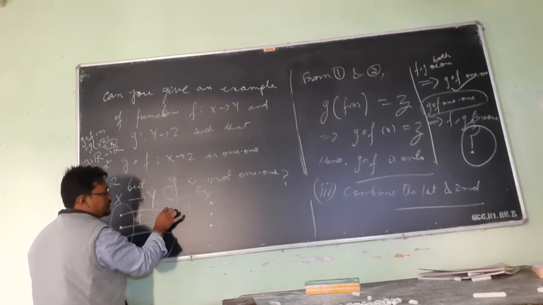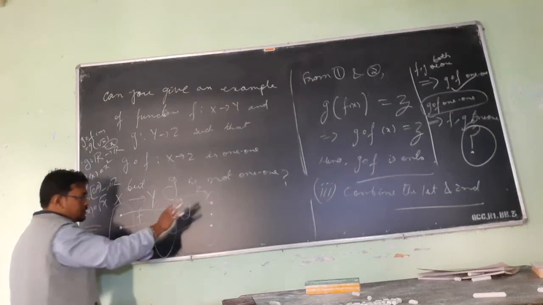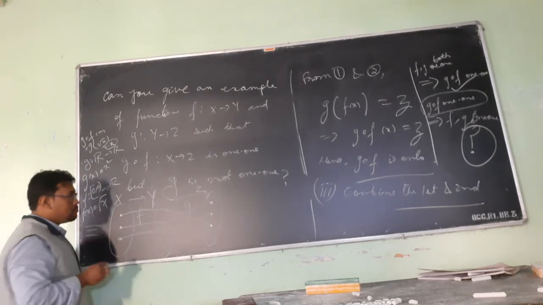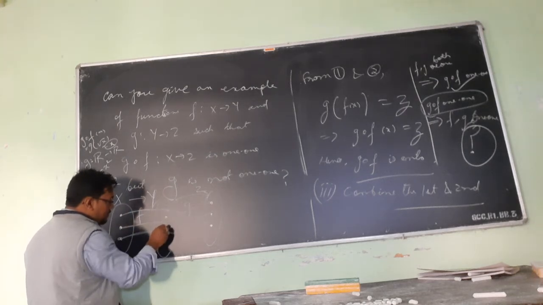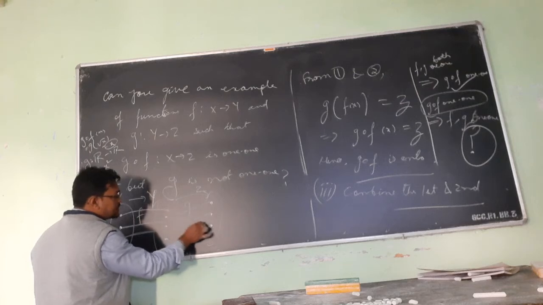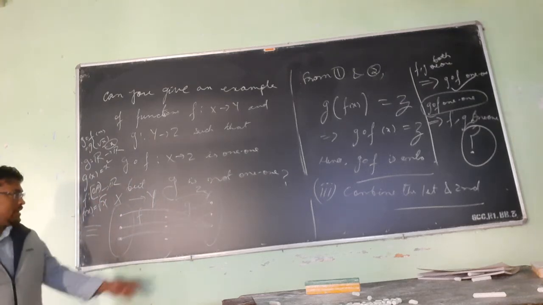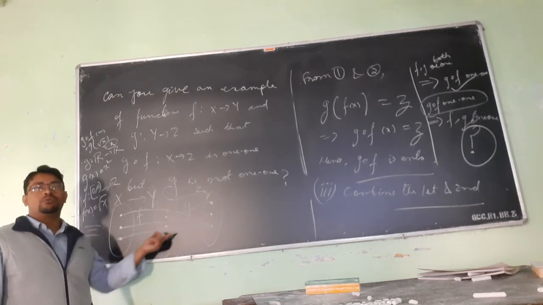So maybe this goes here, maybe this goes there. So the diagram is something like this. But there may be some extra elements here, which also go to the same place. It may happen something like this. So from the diagram itself, we can say that g may not be 1-1.